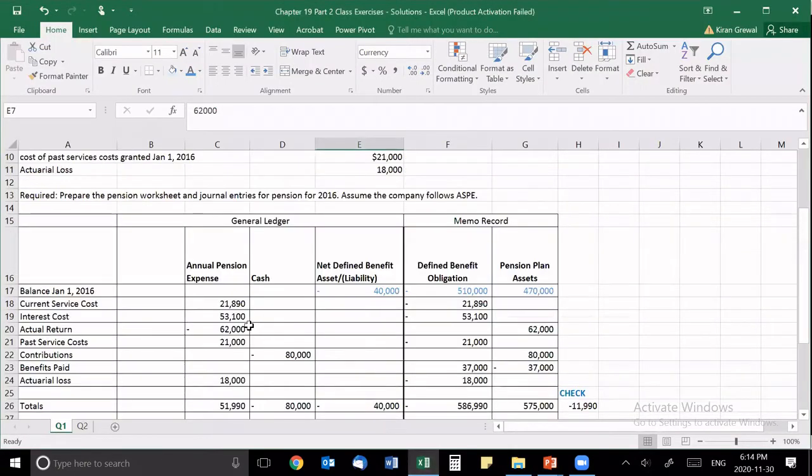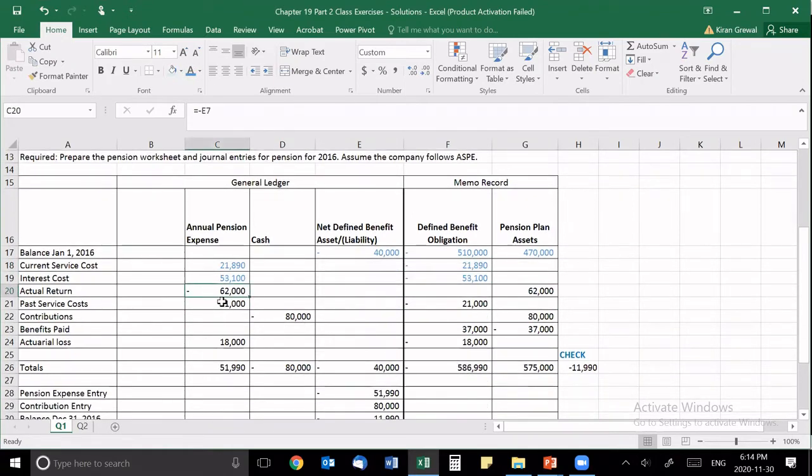I'm just going to make whatever we already did blue so we can keep track. So here we're going to credit our annual pension expense. That's why it's a negative amount, because it's going to decrease our pension expense. Anytime you have a return on something, you're getting more money, so that would decrease the expense.